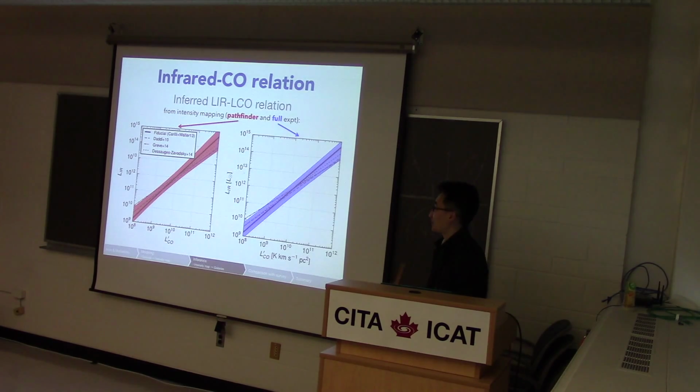So the broader point I wanted to make towards the end is this is not going to stand in isolation, right? So it's exactly what you're saying. This is one component of many different observational probes of the high redshift universe, right? And so that's sort of how I'm viewing this right now. Right, these are constraints on the IR-CO relation.